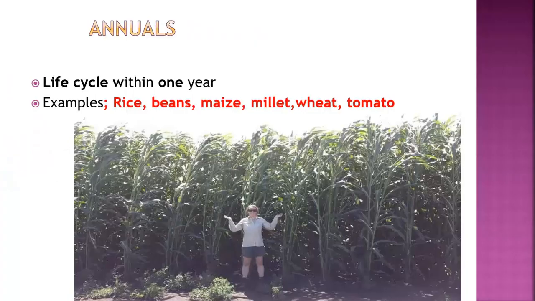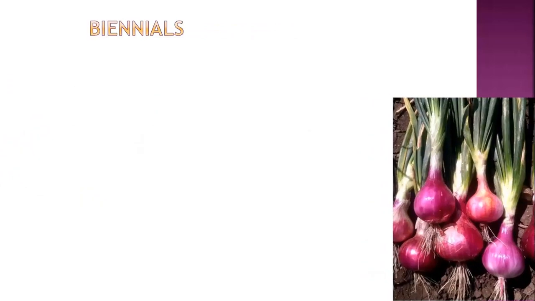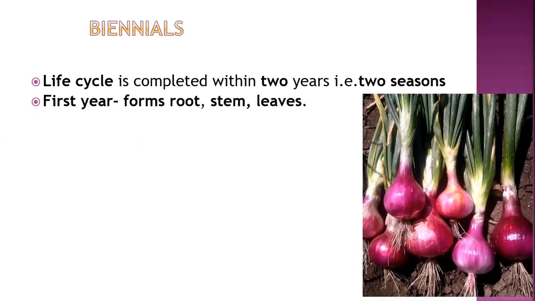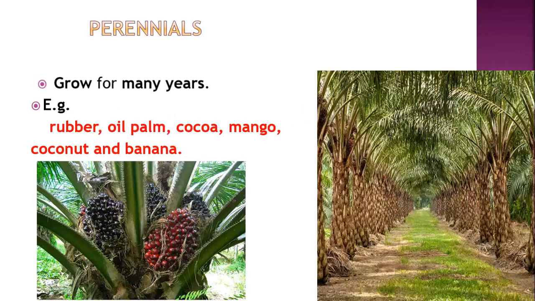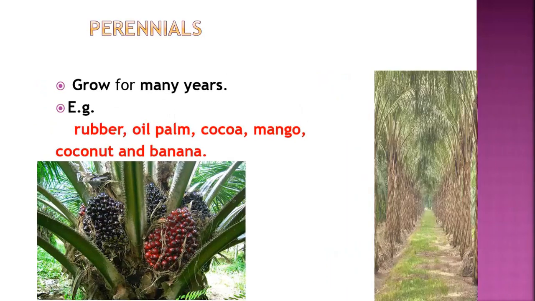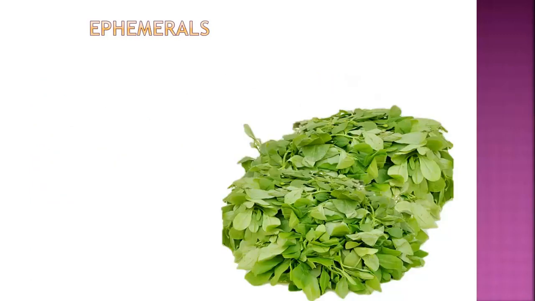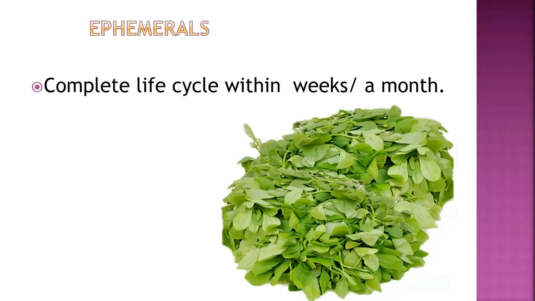Now, some of you might be wondering, why did I not talk about ephemerals? Well, I'm going to talk about it now so that you get a clear picture of what we're dealing with. The ephemerals that is coming up now on your screen is this beautiful leaf here. It's a plant. You know it very well. What is the name? The plant completes its life cycle within weeks or a month.